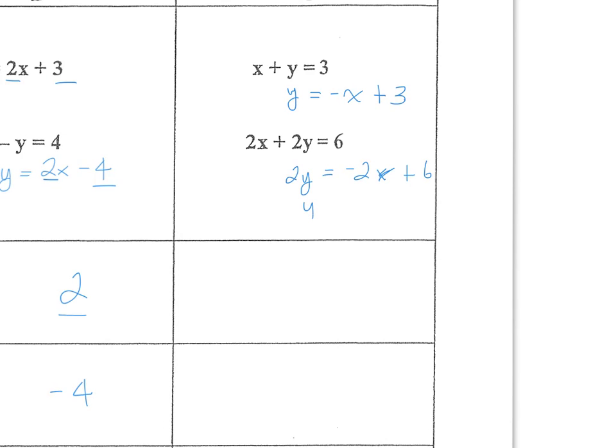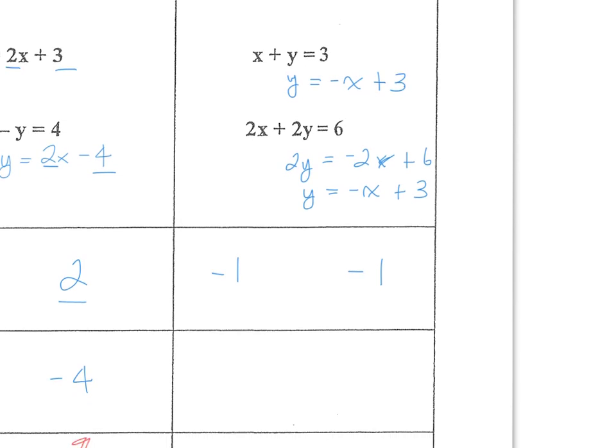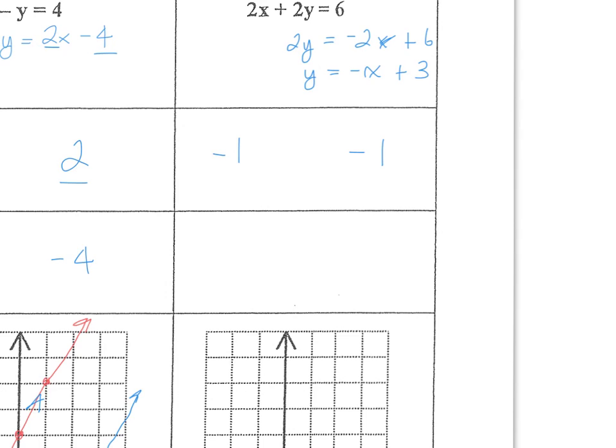And then when we divide everything by 2, we end up with negative x plus 3. So even though it didn't look like the lines were the same, they are the exact same lines. If they're the exact same lines, you get a slope of negative 1, a slope of negative 1. Okay? Scrolling down, our y-intercepts end up being 3 and 3.